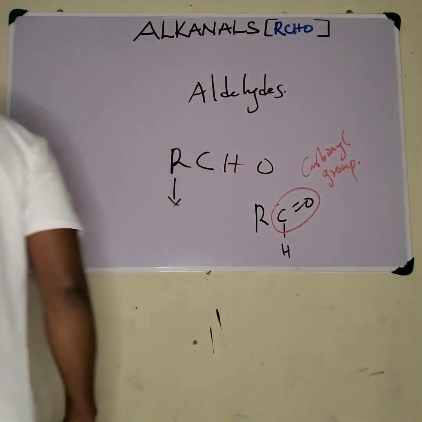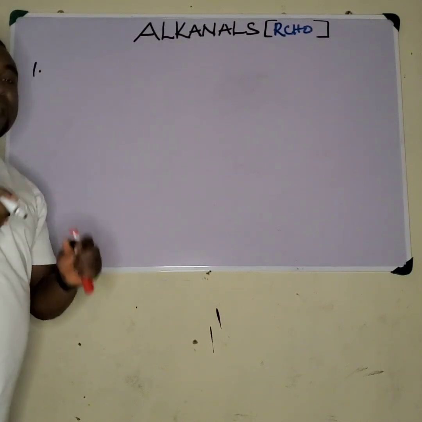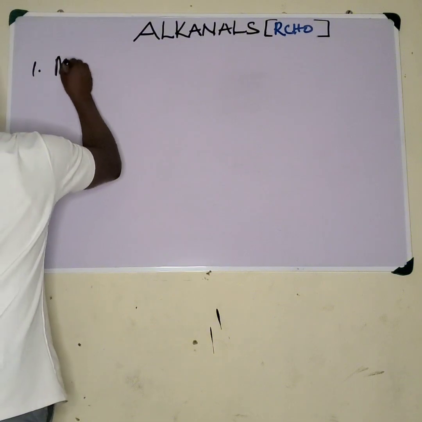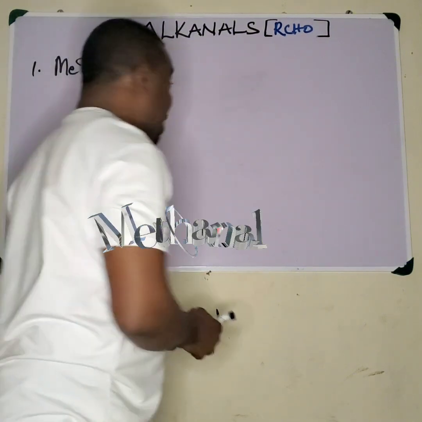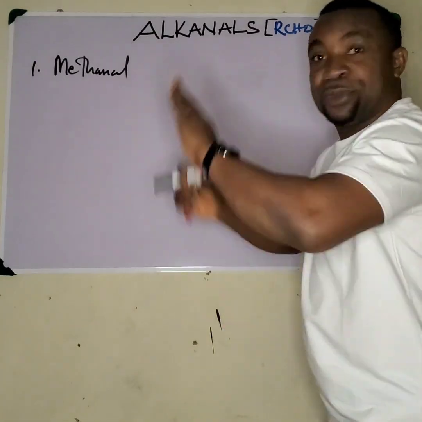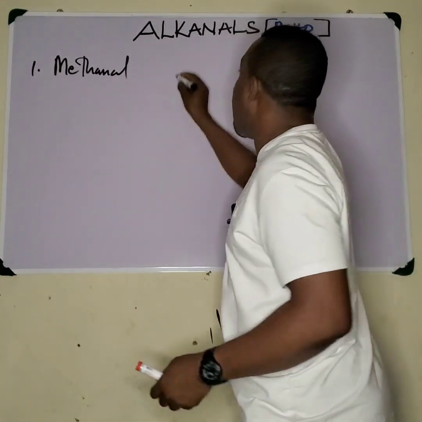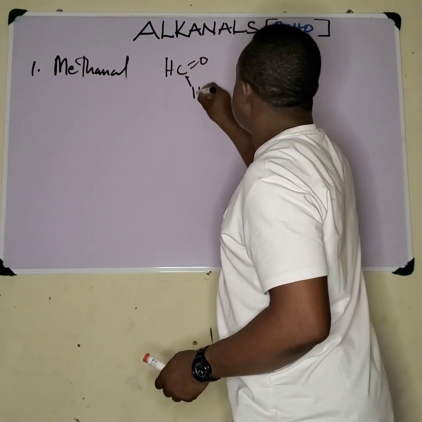The first in this group of organic compounds is known as methanal. Methanal is the first common group member and has the structural formula HCHO, with a double bond to oxygen.